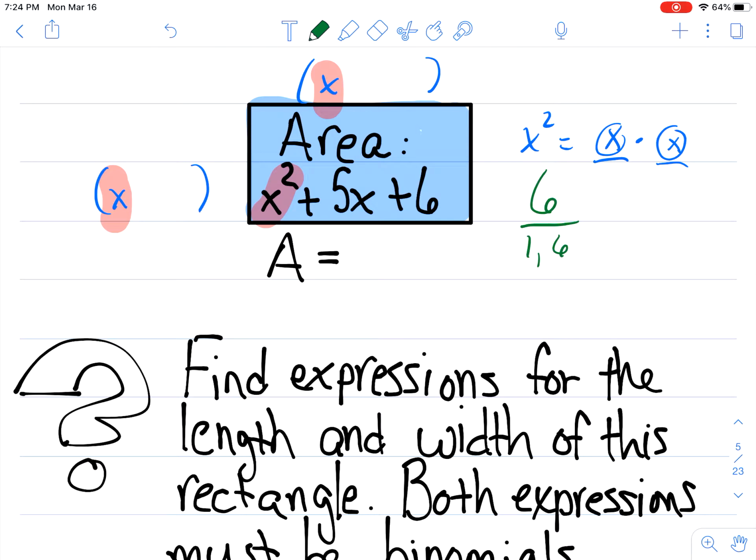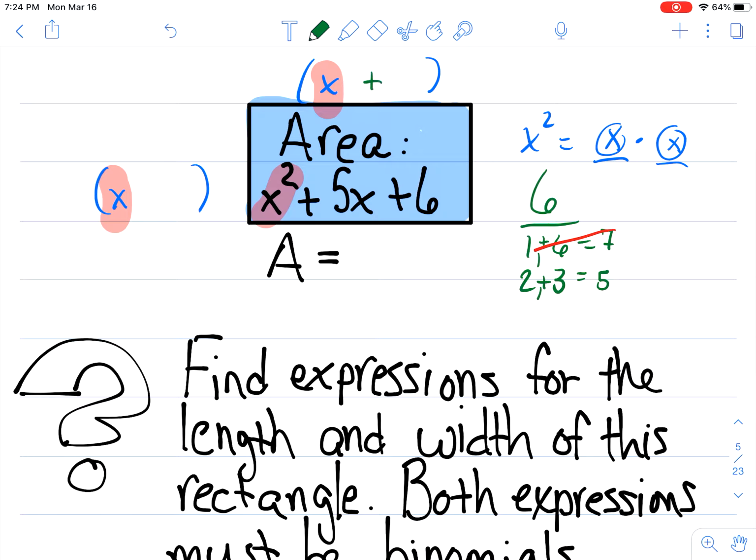For example, 1 and 6, that's one possibility. That multiplies to 6. And then we have 2 and 3. That also multiplies to 6. But only one of those pairs adds to 5. So we're going to add those. 1 plus 6 adds to 7. That's not the one we want, so we'll cross that one out. But 2 plus 3 equals 5.